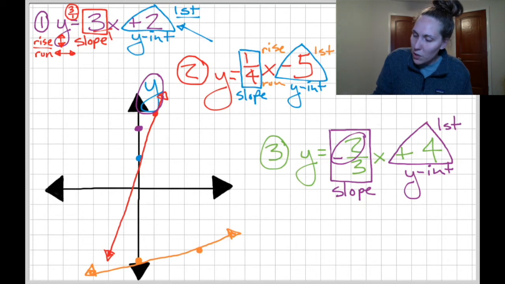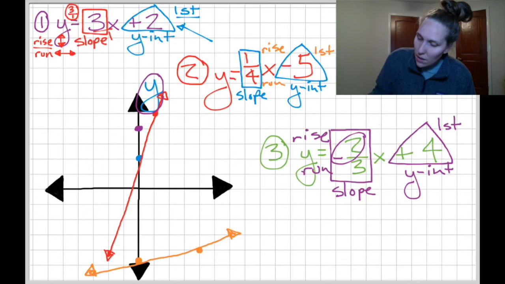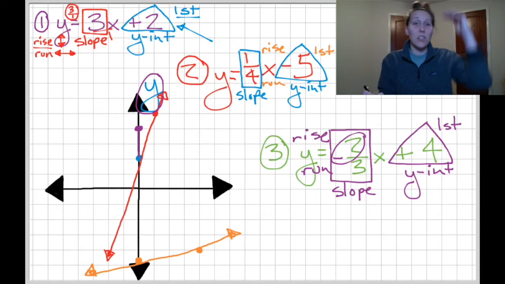So what we're going to do is make that -2 over +3 for our rise over run. So starting at our y-intercept, as we always do when we're graphing equations, starting at our y-intercept of +4 that we already graphed, we're going to drop 2 because, remember, I said rise is really just moving up and down for our slope.